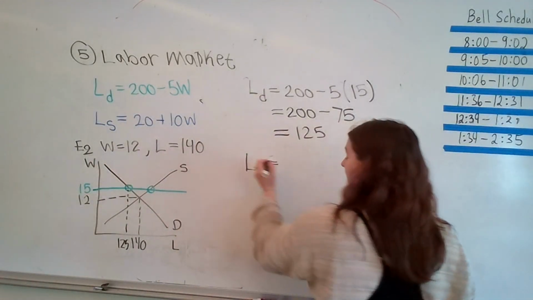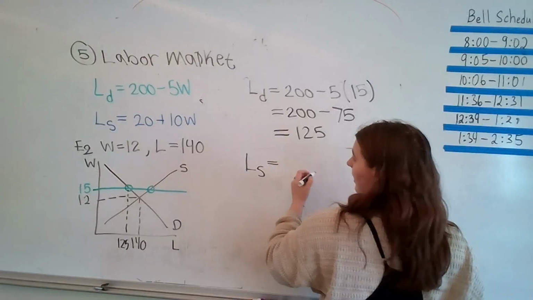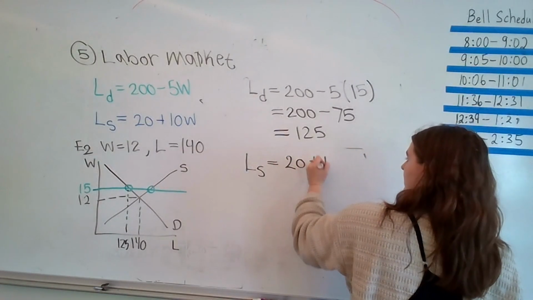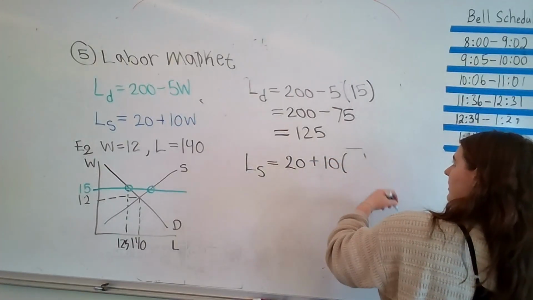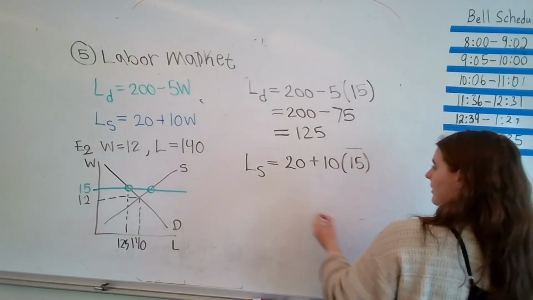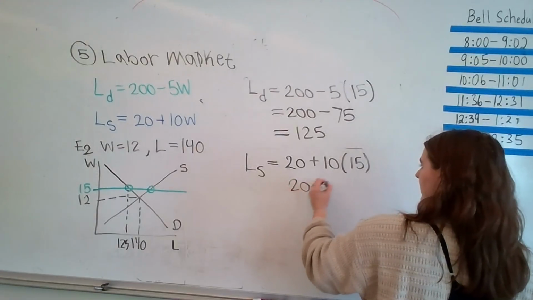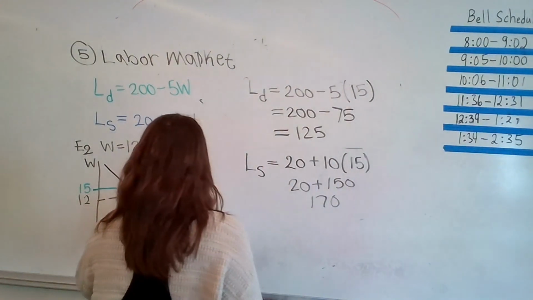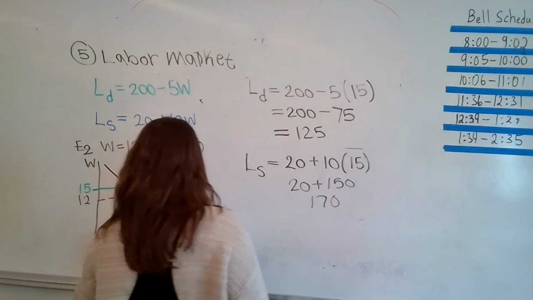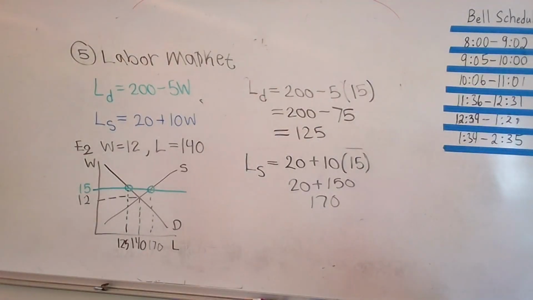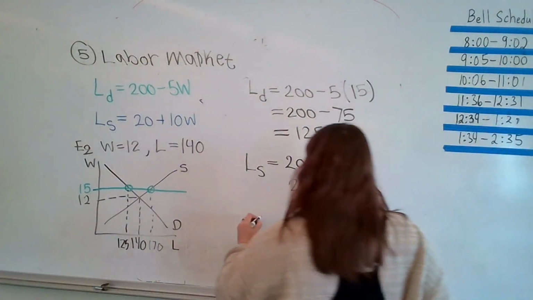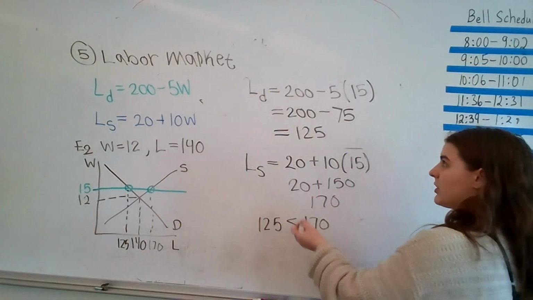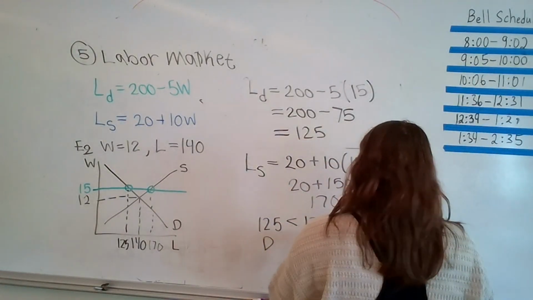Same thing with labor supply, the employees. 20 plus 10 times 15 is 20 plus 150, which is 170. Up, up, up. 170. Now we can see here, 125 is less than 170. 125 is our demand, this is our supply.